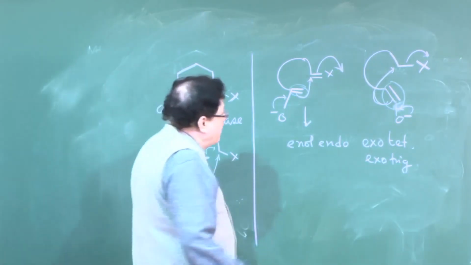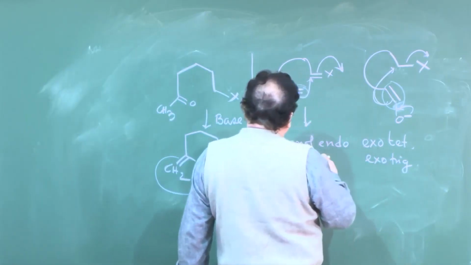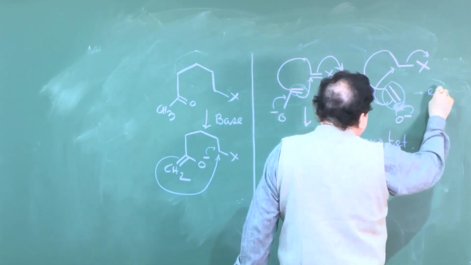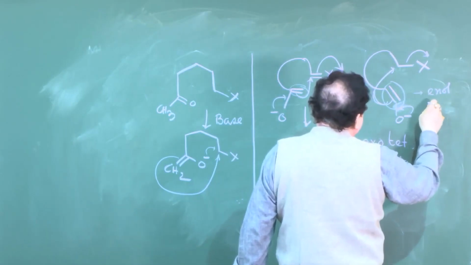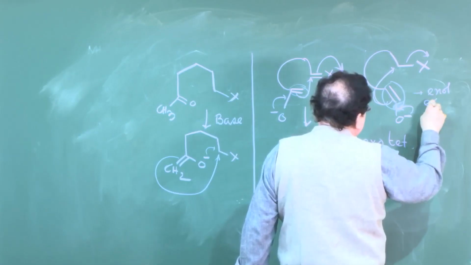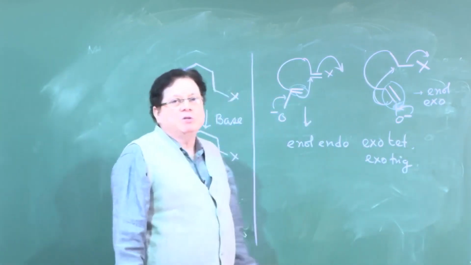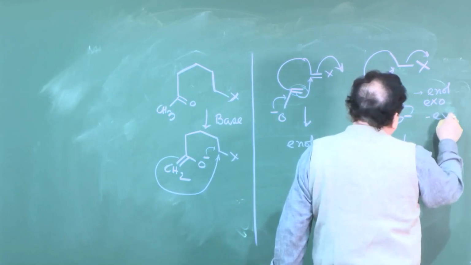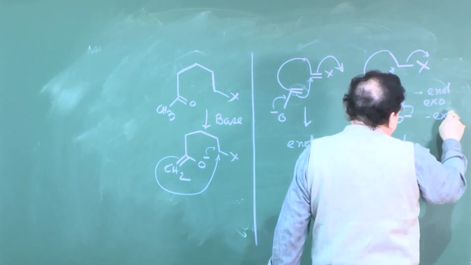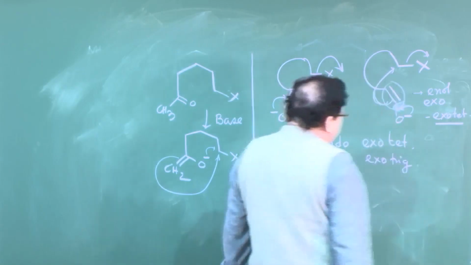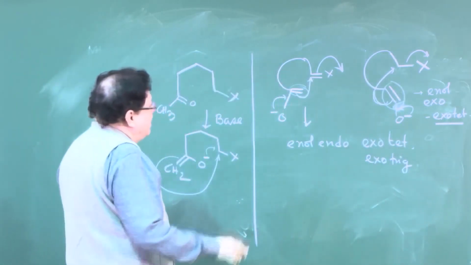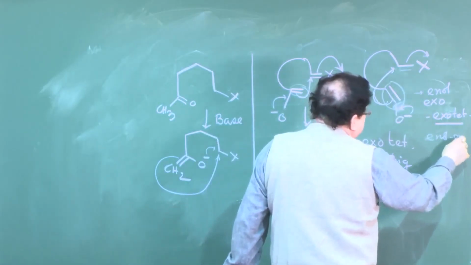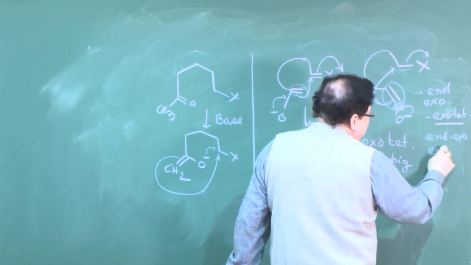So, this is enol endo. This is enol exo, because both the carbons are not forming part of the ring. So, that is enol exo and then exo, this is exo-cyclization, exo-tet. Okay. Enol exo, exo-tet, and if it is a double bond, then that will be called enol exo exo-trig, like that. Okay.